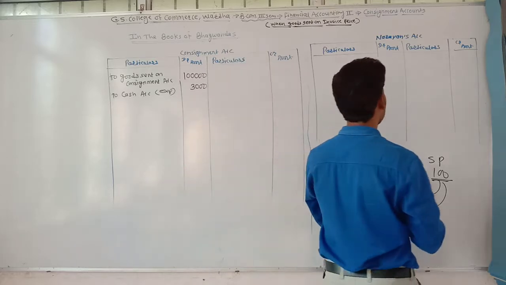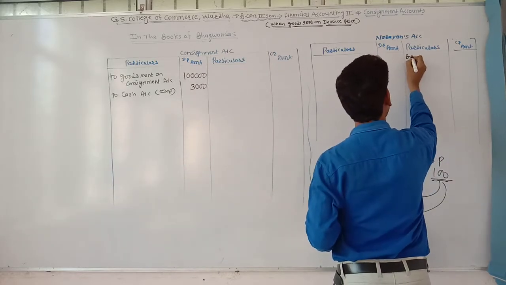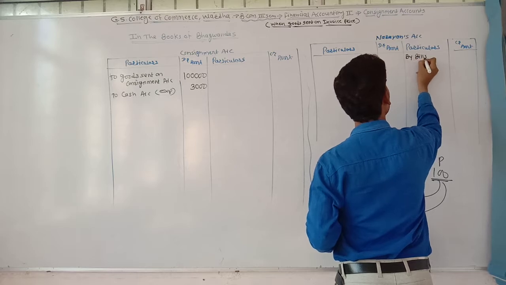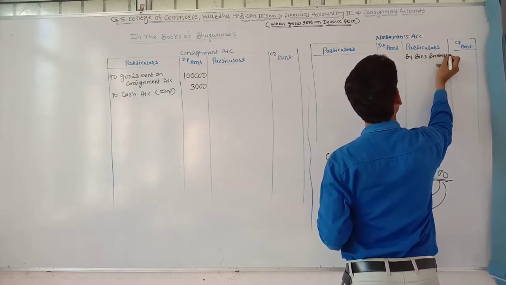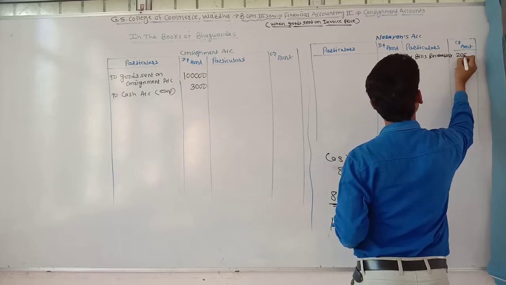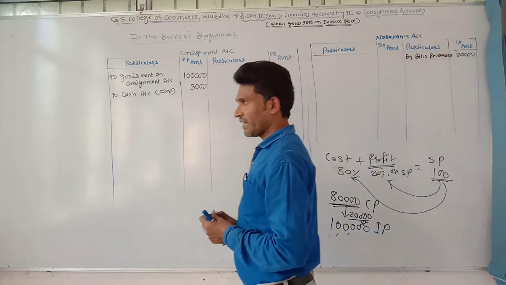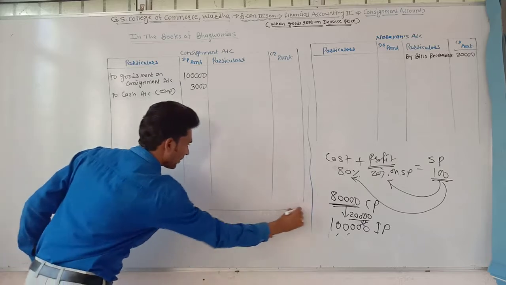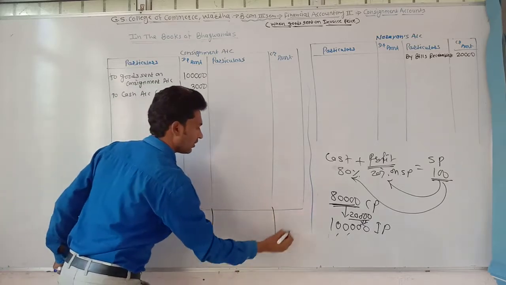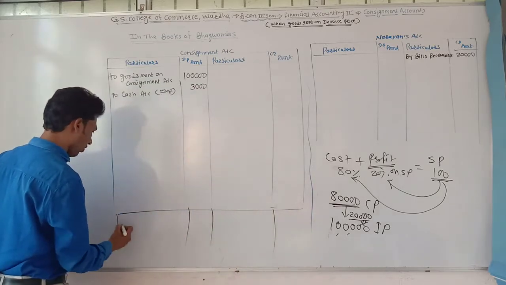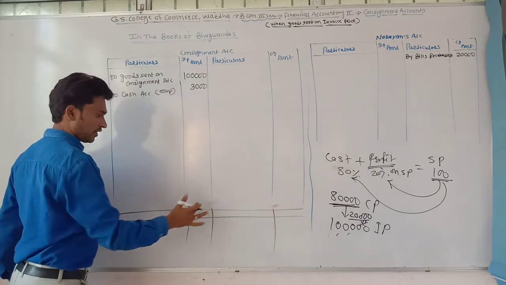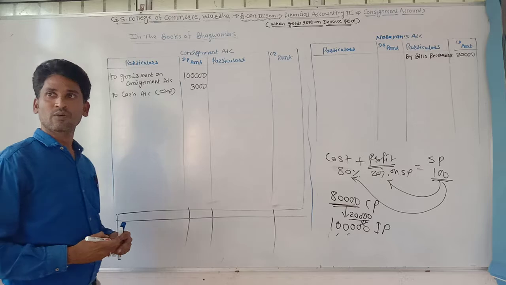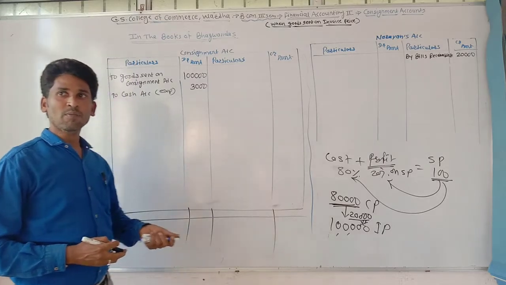So write at the credit side of Narayan's account: by bills receivable account rupees 20,000. If you like to prepare the bills receivable account, you can prepare it, but in the books of consignor I always prepare this account.